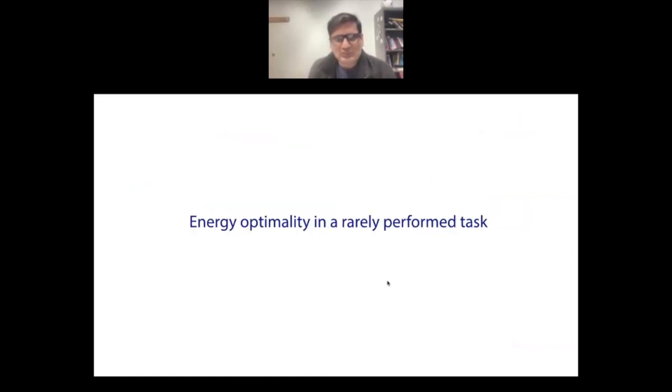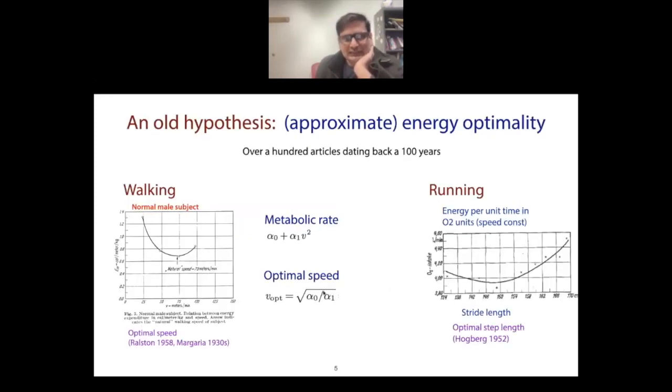So the purpose of this talk is to demonstrate energy optimality, or at least people's behavior seemingly caring about energy in a variety of tasks. They're kind of different from these tasks. These are quote unquote steady state tasks where there's a person walking on a treadmill and running on a treadmill.